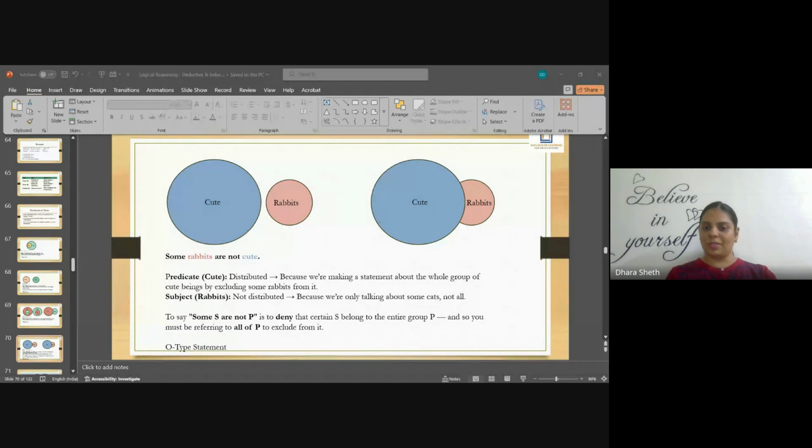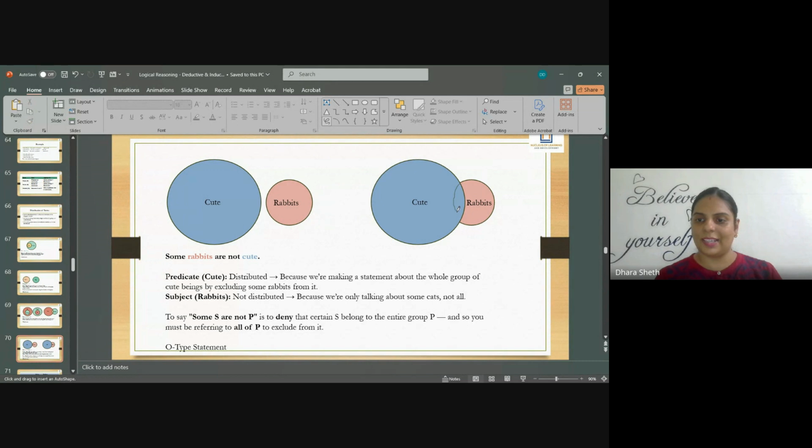That gives me two possibilities. Some rabbits are not cute. So then it could mean here, I couldn't draw the overlap. Some rabbits here, there is an overlap of rabbit and cute here. So let me draw it somehow.